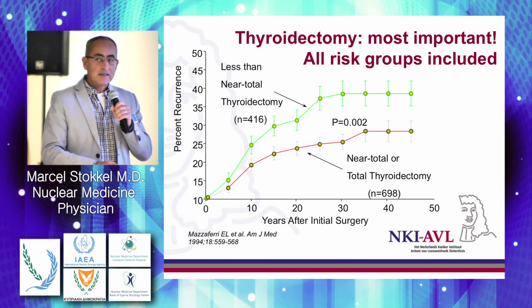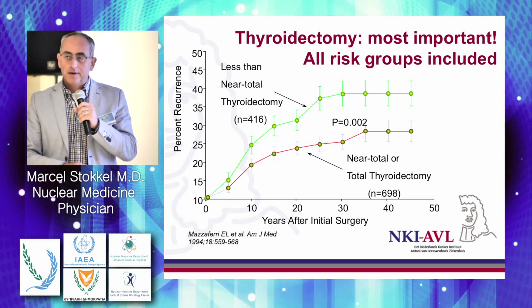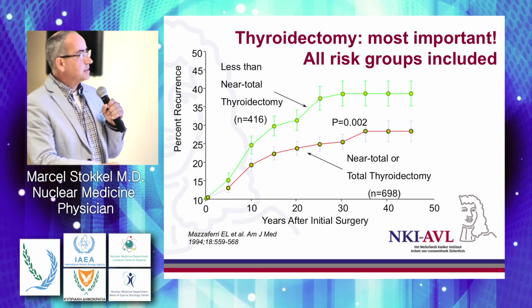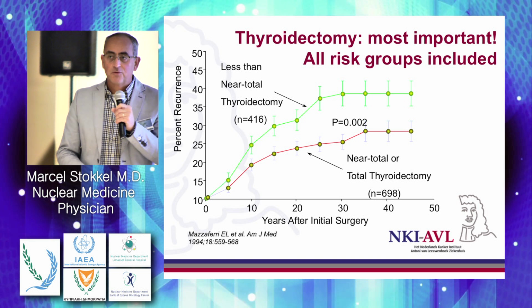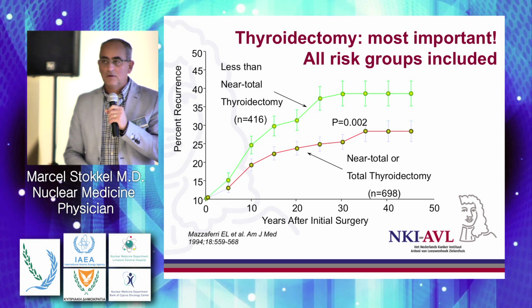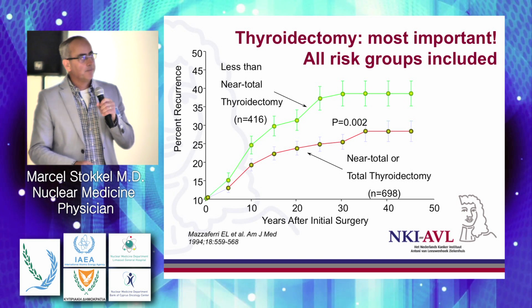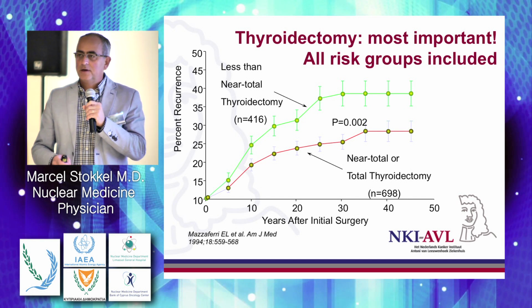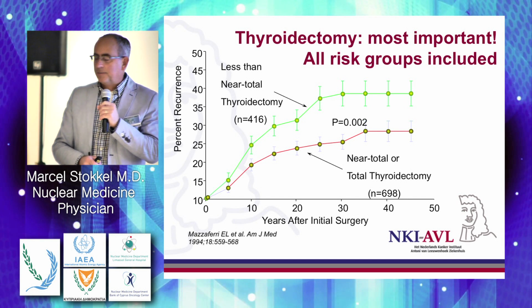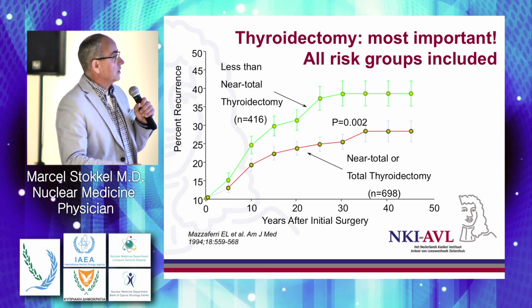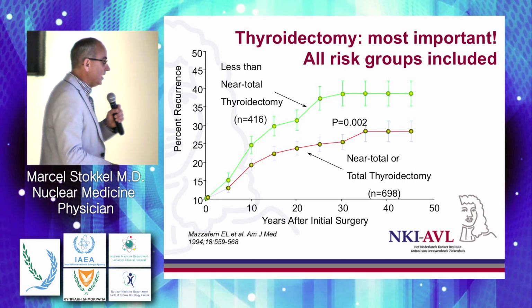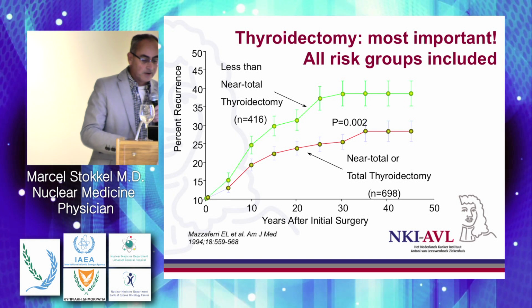You have to realize that most of these plots have been based on a combination of many risk groups. So be very careful when having a look at such data. But still, when you look at the data and literature, this overall aspect has not changed over the past years. We still know that a near total or total thyroidectomy is in fact the base for an optimal outcome.